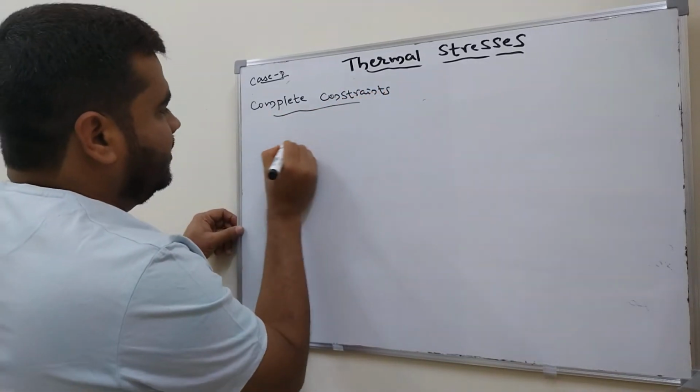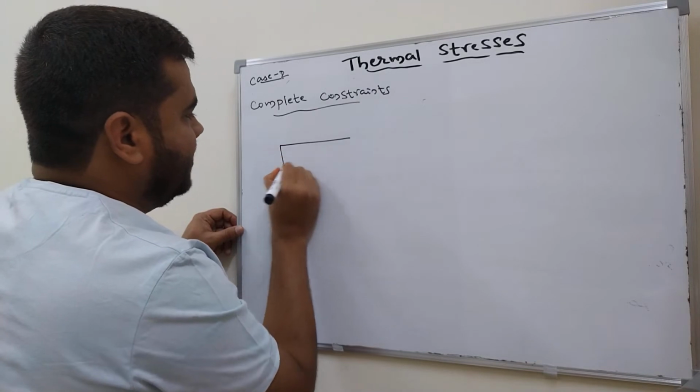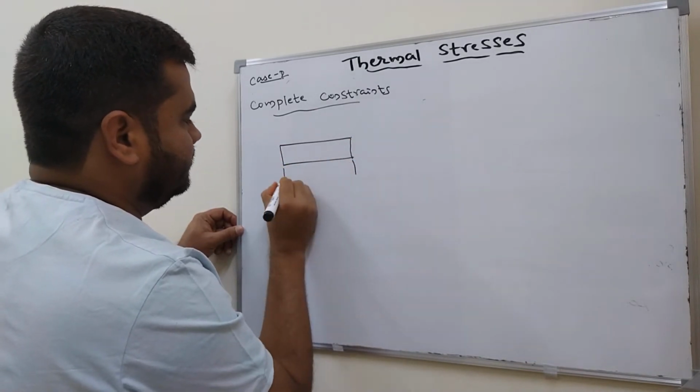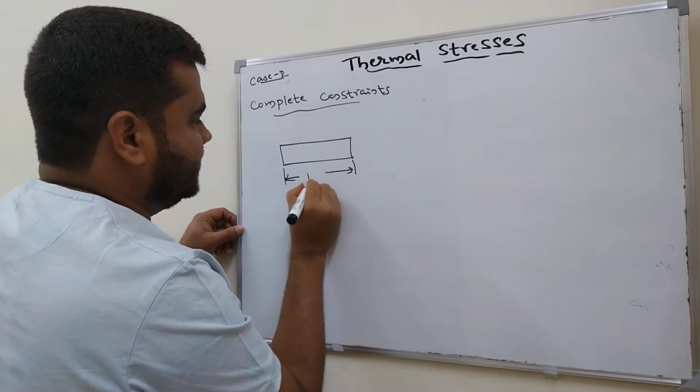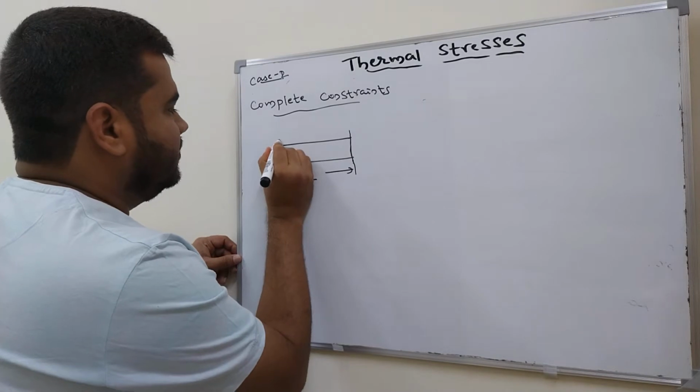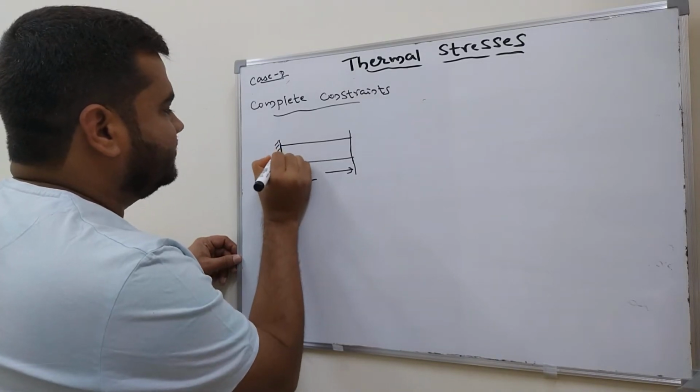It means a bar of length L is held between two rigid supports.